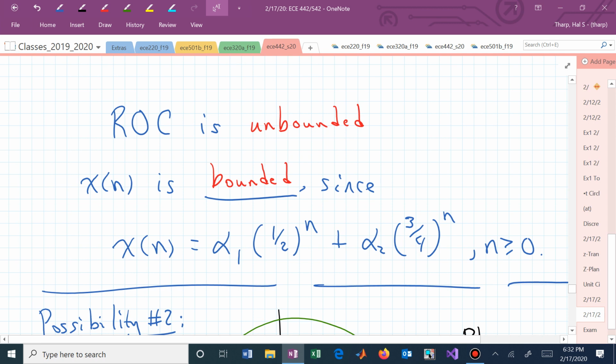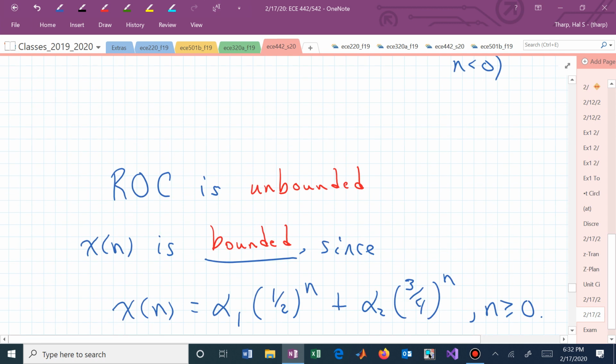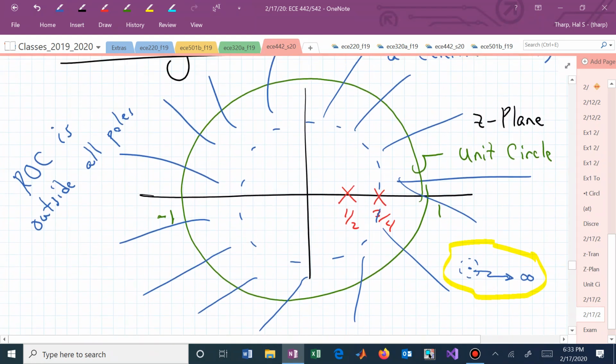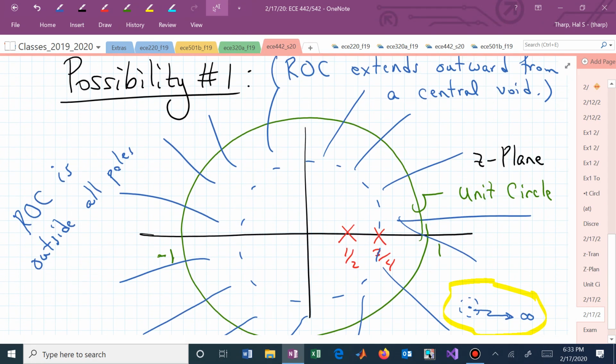Since we had these poles inside the unit circle. And if we looked at this particular possibility, the unit circle lies on top of the region of convergence. So we know our sequence that results is going to be bounded, irrespective of whether it's causal or non-causal, just this connection of the unit circle relative to our region of convergence.